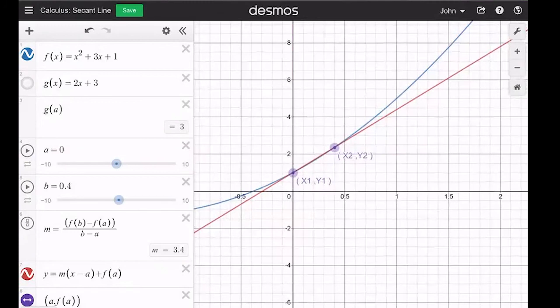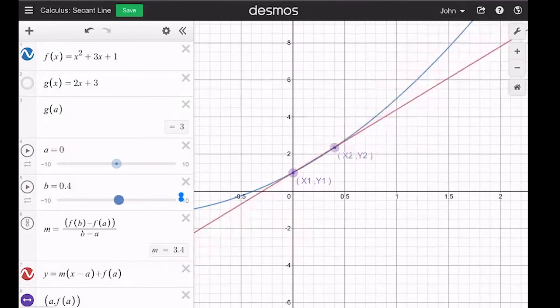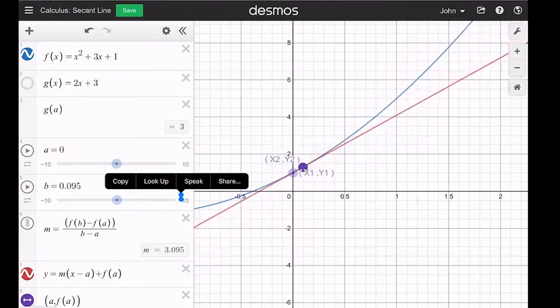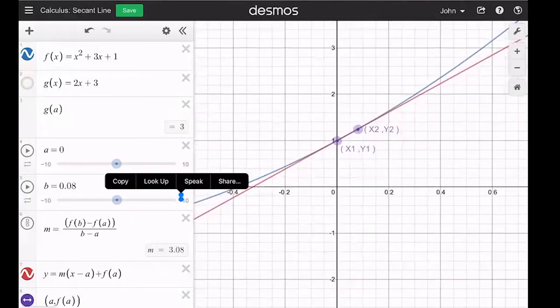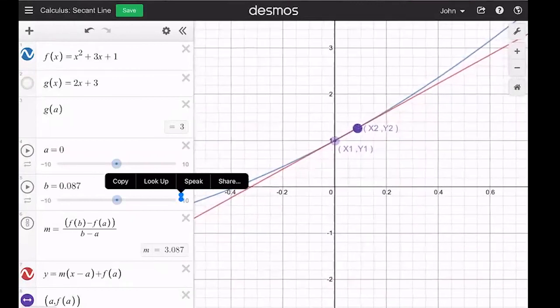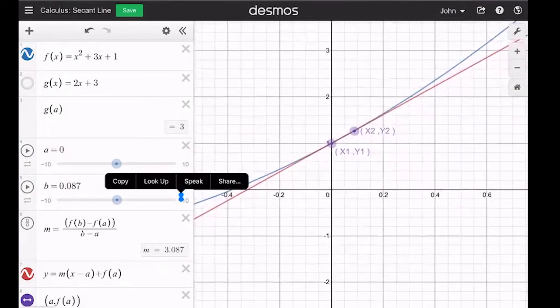We claimed that as the other point zooms in close, the slopes get closer and closer to 3. You can check, it's 3.087, which is 3 plus the distance between the two points, 3 plus 0.087, which matches the formula we had before, a plus 3.